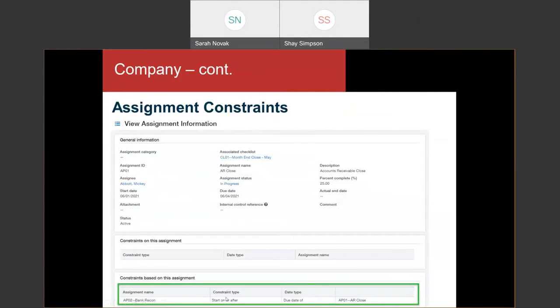Here it says we want accounts payable 2, or AP2 bank recon, to start after the due date of our AR close. So we do have a lot of flexibility there in terms of those assignments. If you haven't looked at checklists yet, I encourage you to do so. That can be extremely useful when it comes to month-end close.